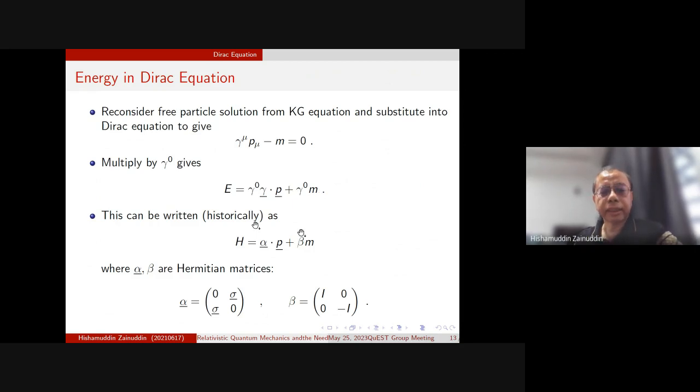And alpha and beta can be worked out to be given by these matrices. Alpha is related to your Pauli matrices over here, so here is a 2 by 2, here a 2 by 2, so the whole thing is actually 4 by 4. And beta is simply the identity with the minus identity at the bottom. And they are Hermitian, because you need the whole thing to be Hermitian.